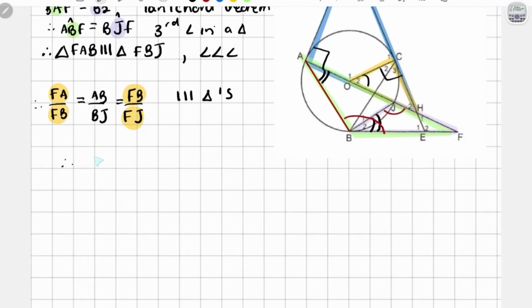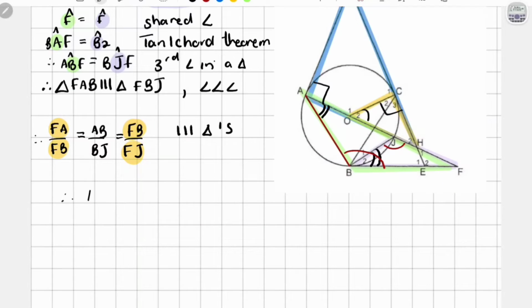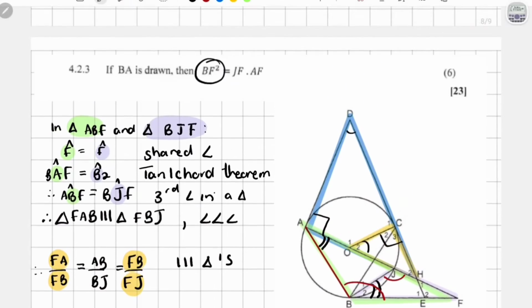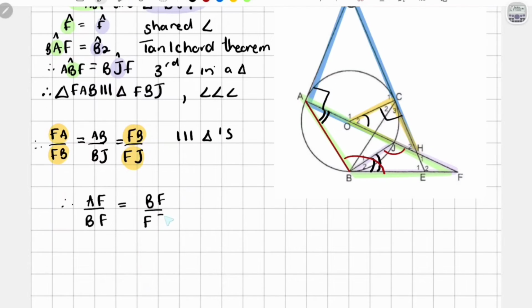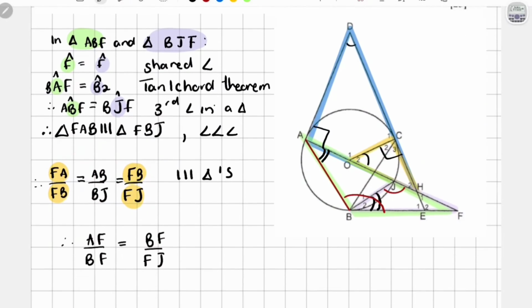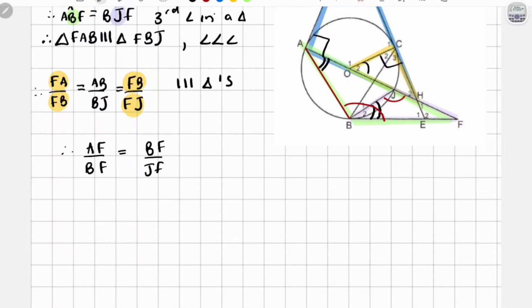So now I can conclude that FA, or let me actually write it in the same order that they did. So instead of calling it FA, I'll call it AF over, and I'll just say BF is equal to this BF over, and I can call this one FJ, I guess. JF, they called it JF, so JF. Okay, so now that I have that, I'm just going to cross multiply.